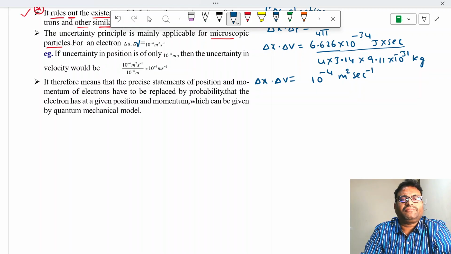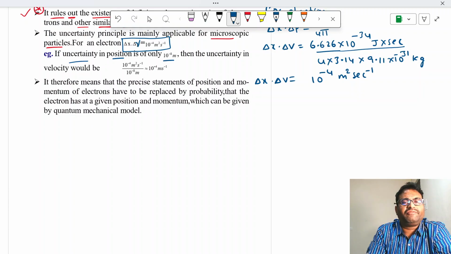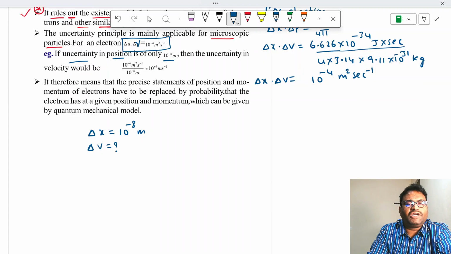See, the uncertainty principle is mainly applicable for an electron. For an electron, we have calculated that delta x into delta v is equal to 10 power minus 4 meter square per second. If the uncertainty in position is only 10 power minus 8 m, given delta x equal to 10 power minus 8 m, then what will be delta v?